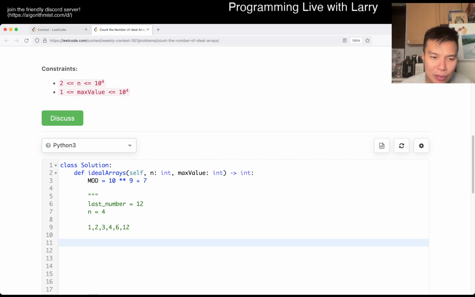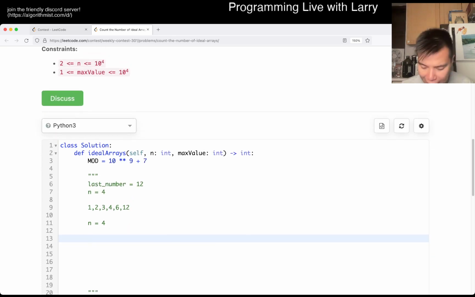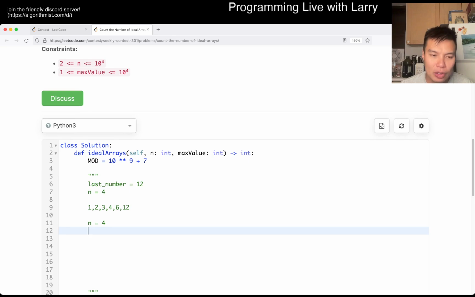That means that if n is equal to 4, you count the number of paths that it can happen. So now you have to choose 12 as the last number because that's the definition of how we construct it.